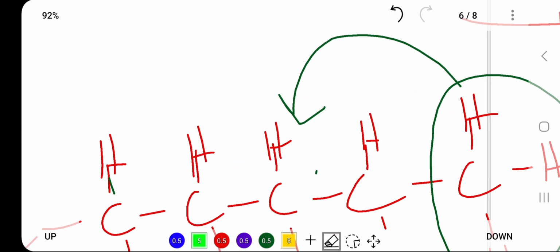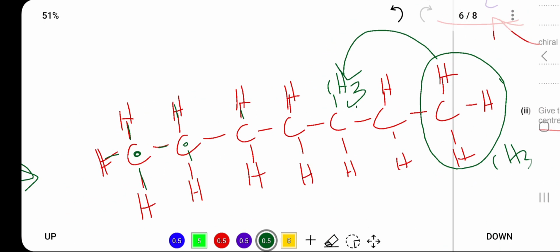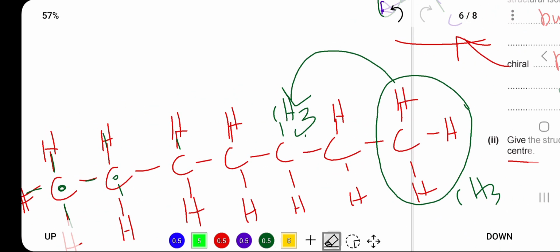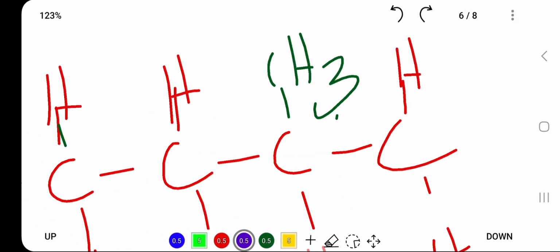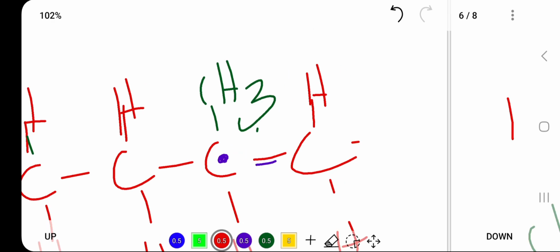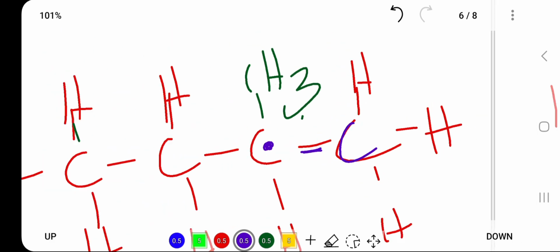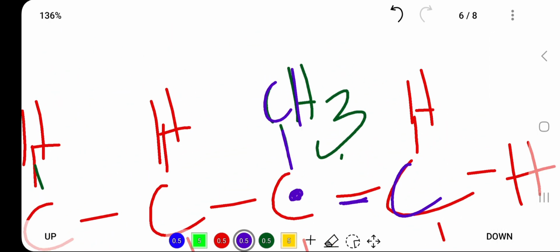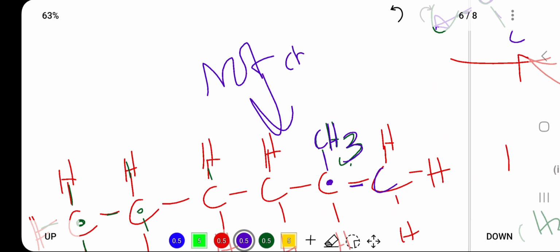If you switch the CH3 and put it in here instead, forget this since I moved this part to here. Now, it is still not a chiral carbon. Why? Because this carbon is connected to CH3 on the right side, and up is also CH3. So this form is not chiral.